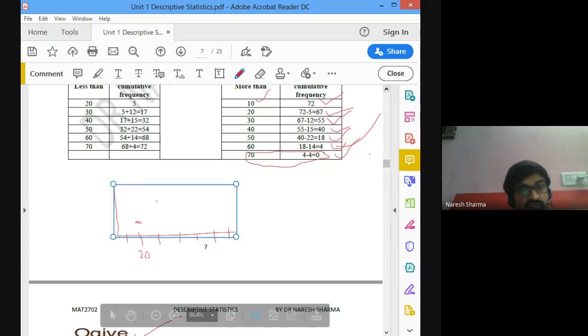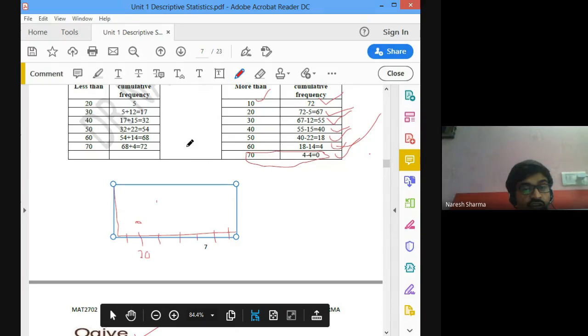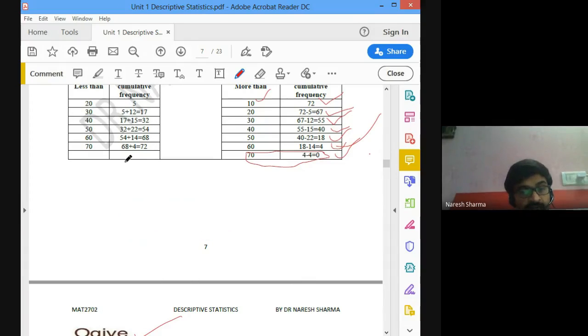This auxiliary graph here is not from this data, that is a random graph. But if you want to draw the auxiliary graph for this, you can draw. We may draw it right now. So we just take the x-axis, then your y-axis.